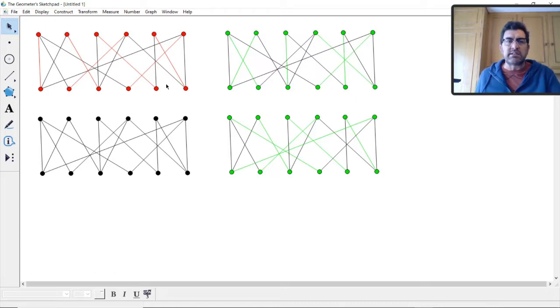Okay, notice that this is not a complete graph. It is a graph where not all the vertices are joined with one another.